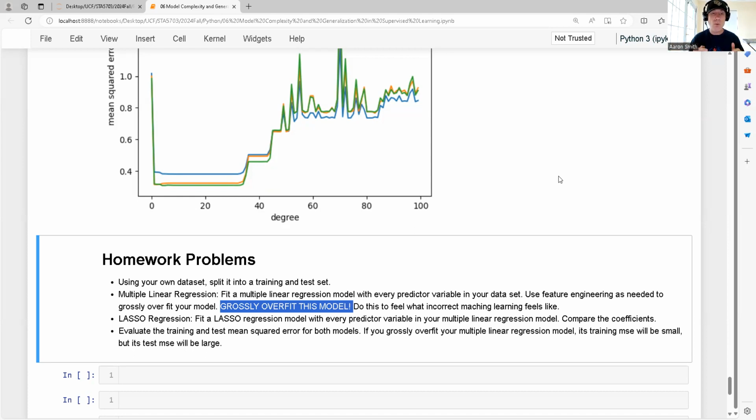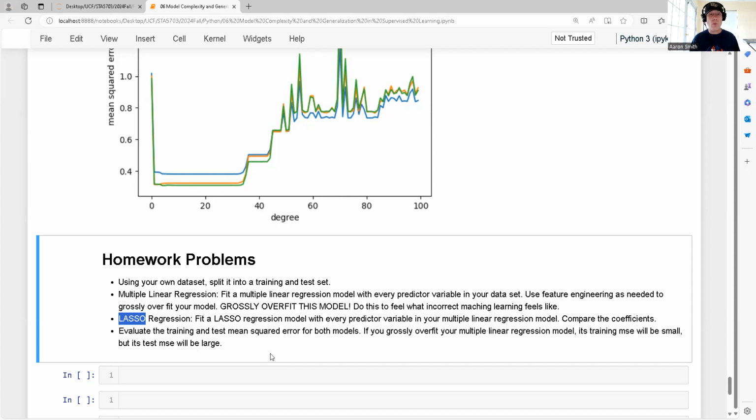Then after you fit the model, I want you to use the same predictor variables, but now run lasso regression. Lasso is going to add a penalty to the fitting aspect, and it's going to choose to push out predictor variables that are not useful. We interpret what it does: it actually gives a coefficient of 0 for predictor variables that are not useful. And when you get a coefficient of 0, we interpret that as it's not in the model.